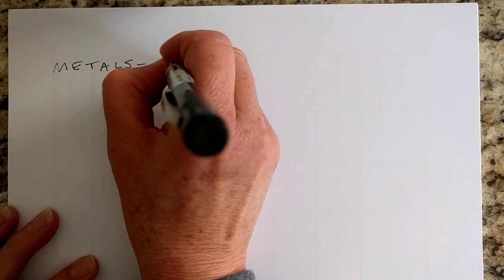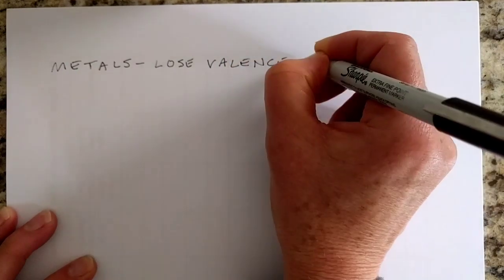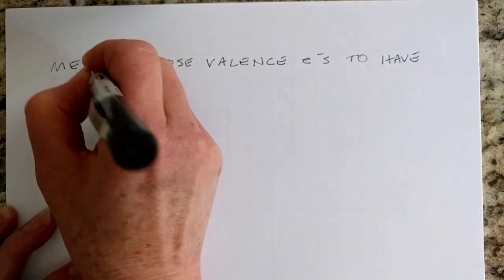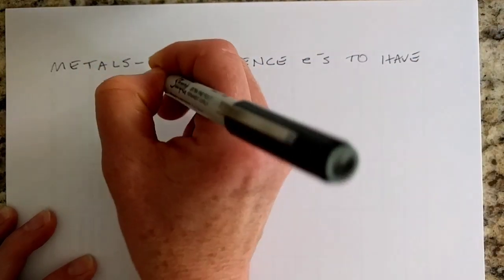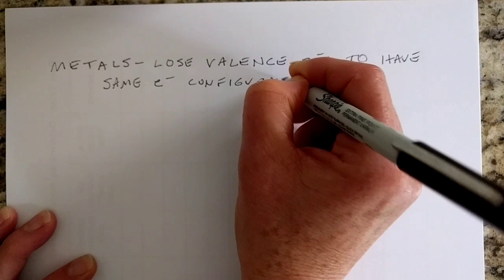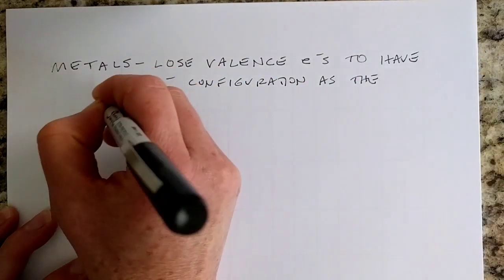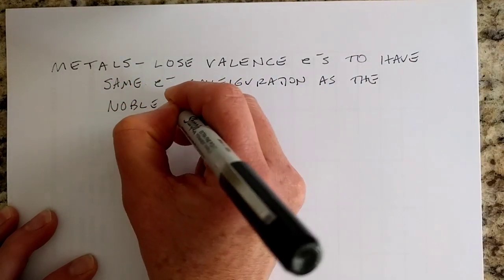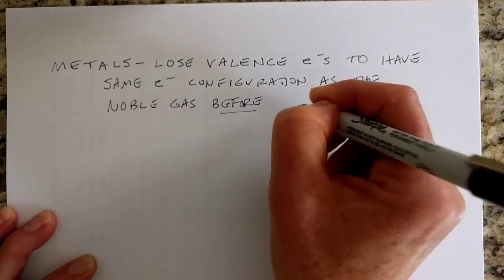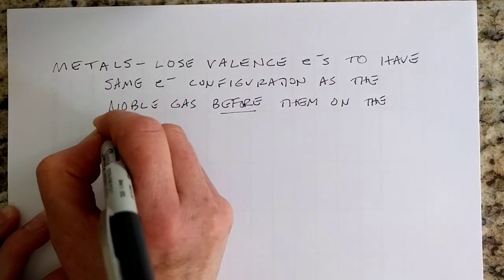Metals lose their valence electrons to have the same electron configuration as the noble gas before them on the periodic table.